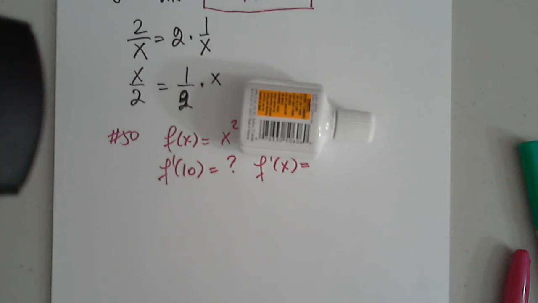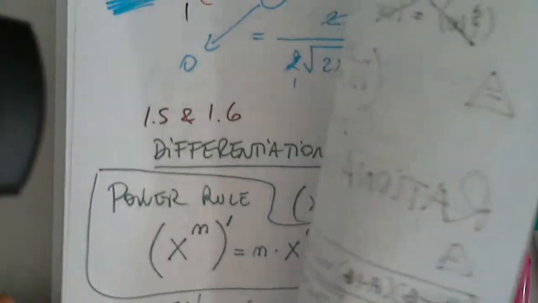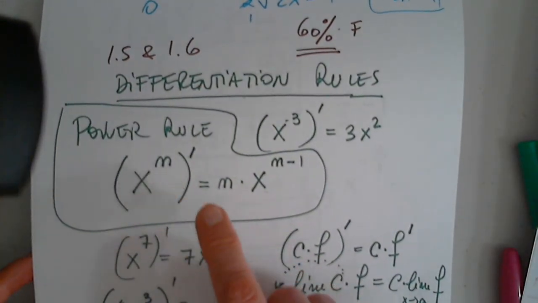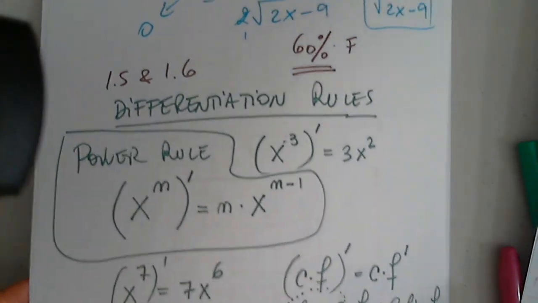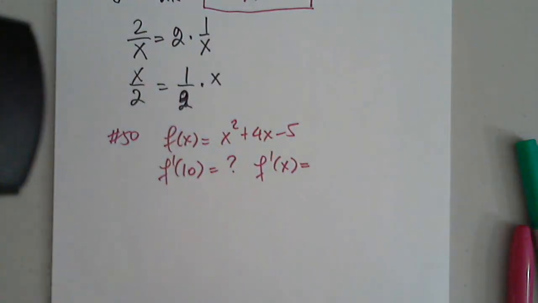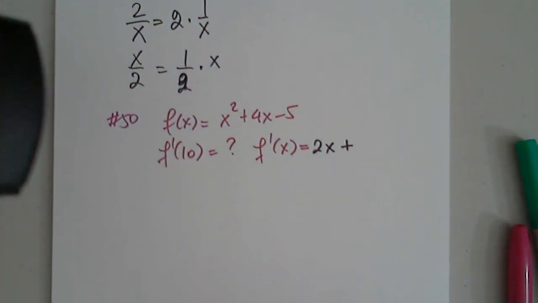Yeah, x. Which one? Say it again. 2x. 2x indeed. Good job. So that is 2x. And then plus 4.